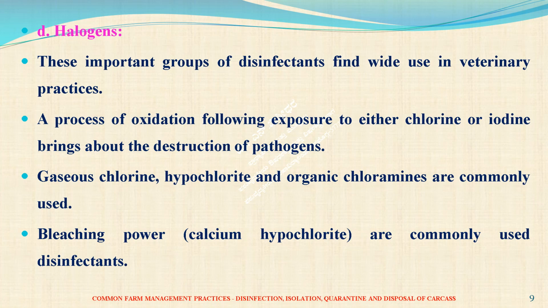Whereas gaseous chlorine, then HCl or hydrochloric acid, then sometimes the organic chloramines are commonly used. Chlorine is very commonly used for disinfection of water. Apart from this, bleaching powder, also called calcium hypochlorite, is commonly used as a disinfectant, especially in areas where there is a lot of smell of ammonia, etc.